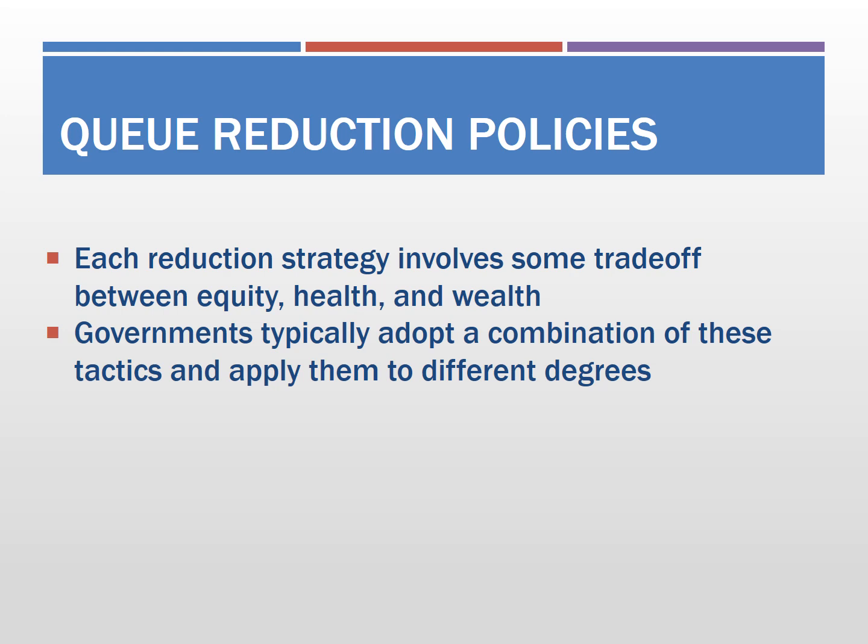So the wealth of the nation may be affected in this case. Typically, governments around the world adopt a combination of these strategies to achieve their goals: to reduce total expenditures, to shorten waiting times, or to provide equity in the healthcare system.